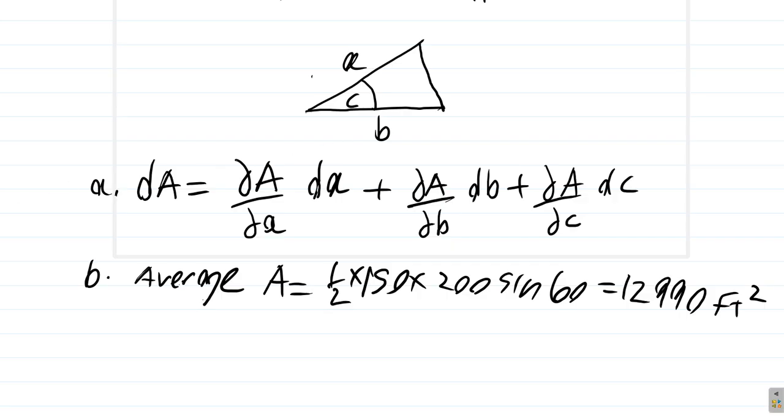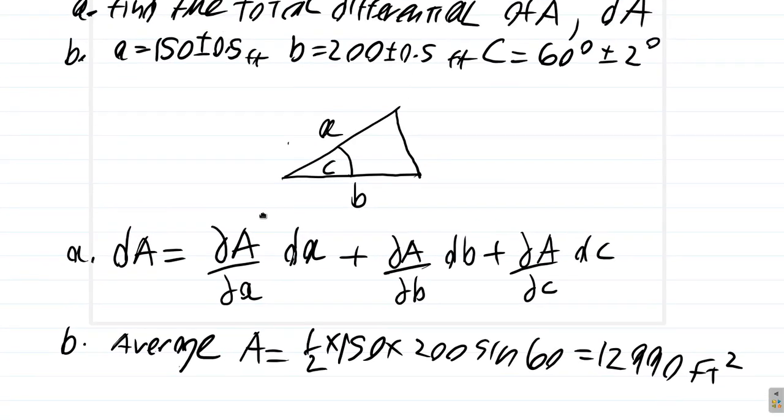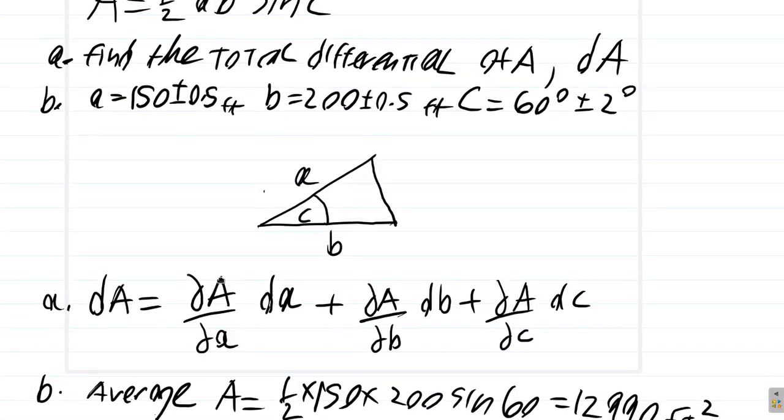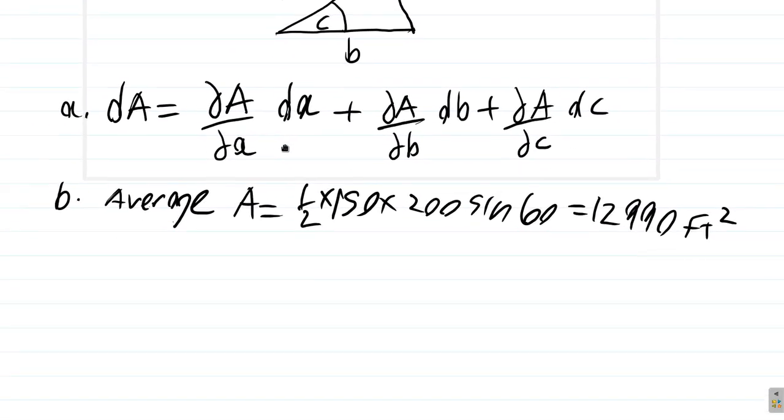Now, here we're going to need to do some differentiation. We're going to find the partial derivative of the area with respect to the length a.